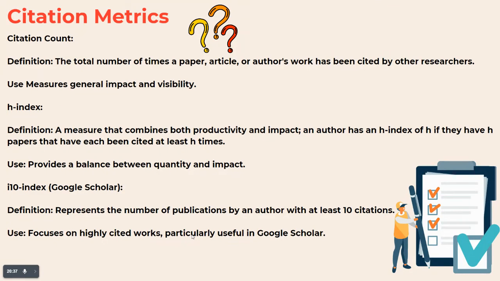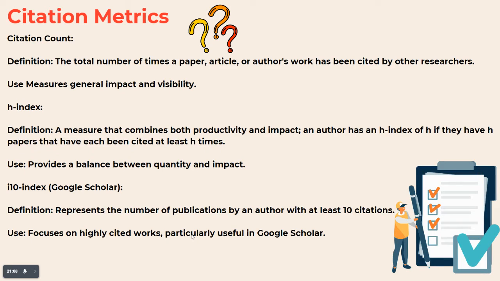Okay, now we will talk about the citation metrics. So what are citation metrics? Let me explain. The total number of times a paper, article, or author's works has been cited by other researchers. Let's say one research paper of mine is cited by 200 other researchers in 1 year.